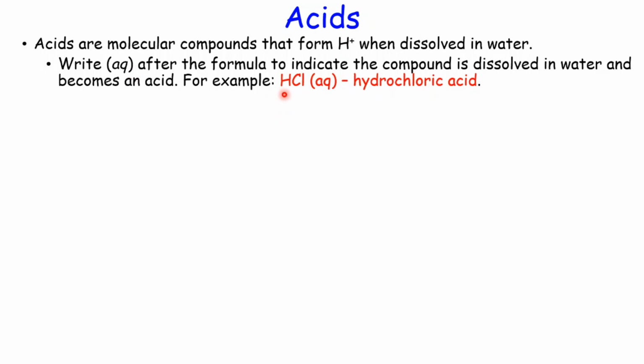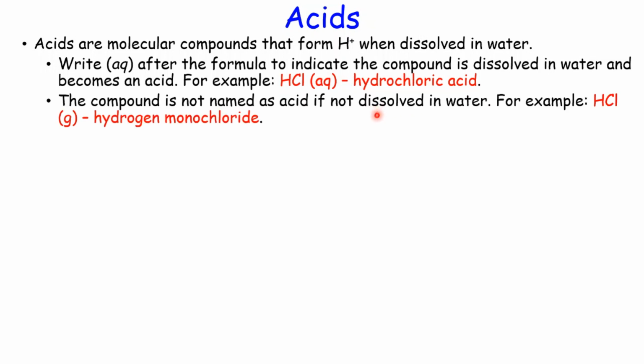One example here is HCl. But if you see AQ, it means it's actually dissolved in water. It becomes an acid. So this is hydrochloric acid.